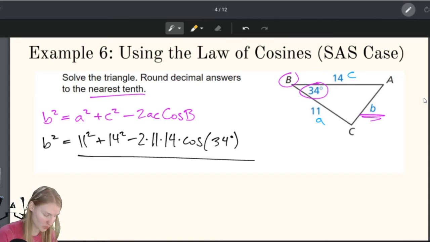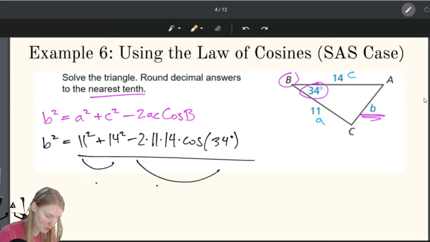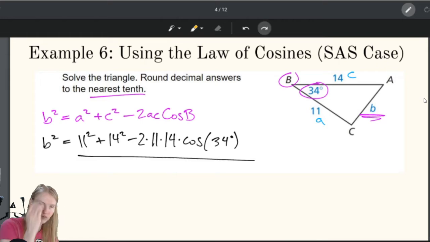If I just do this part, and then I just do this part, and then I subtract what I get there, I'm subtracting a whole number from a decimal, right? Because cosine of 34 is some big, long decimal number. So then I end up with just an estimation, and I don't want to make things worse.